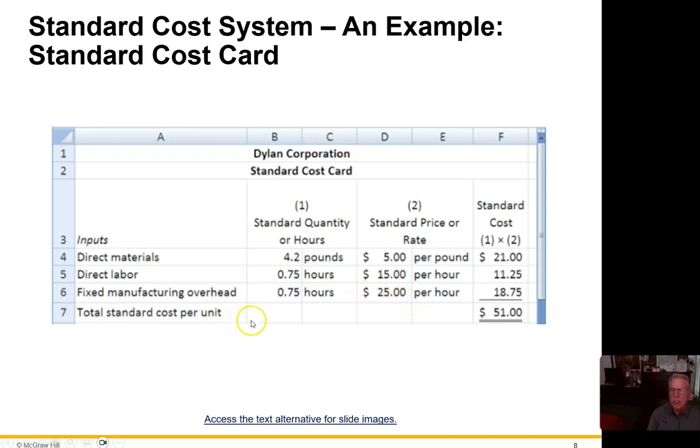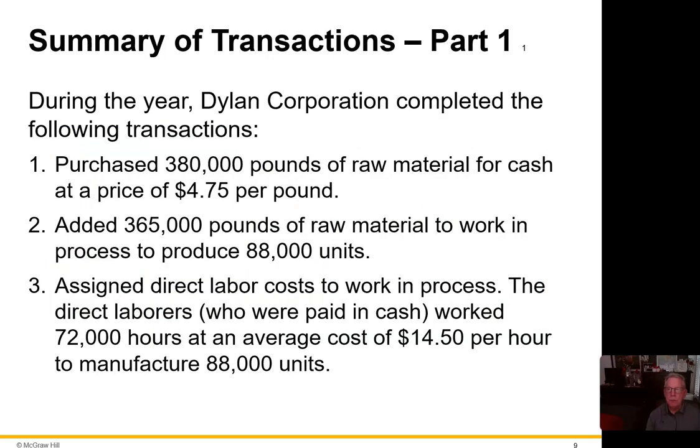So the total standard cost per unit is going to be $21, 4.2 pounds times $5. Direct labor, 0.75 hours times $15 per hour, $11.25. And finally, fixed manufacturing overhead of $25 times 0.75 hours. And that totals $51 standard cost per unit.